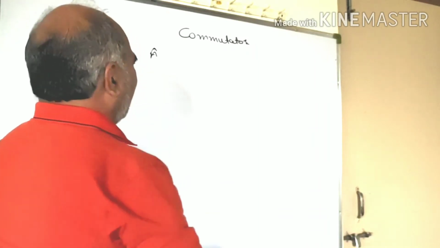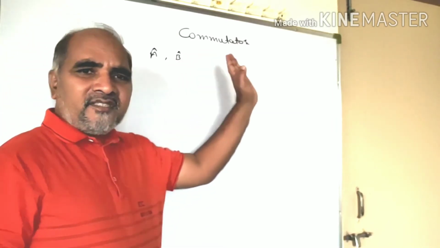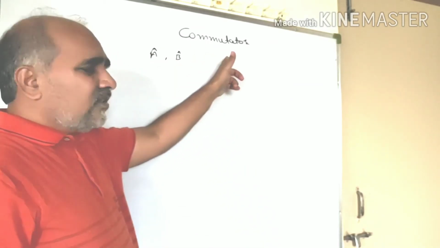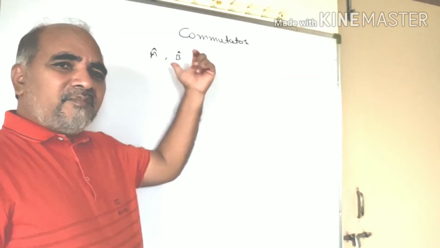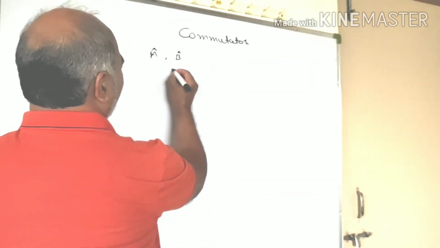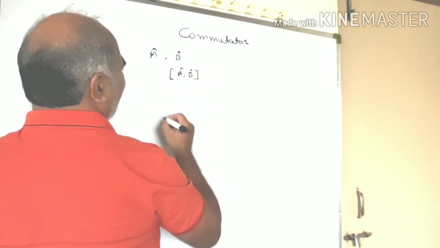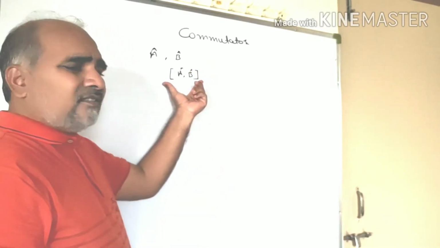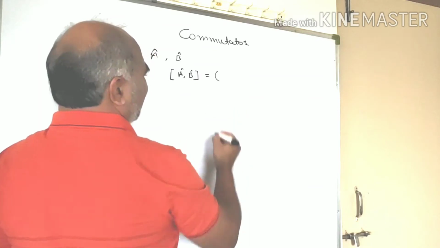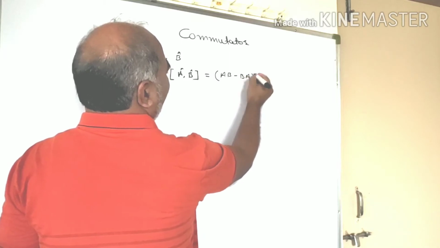Suppose there is an operator A, and another operator B, which are associated with dynamical variables A and B. The commutator is written as the bracket AB and read as the commutator of A and B. It is equal to the simple bracket AB minus BA.